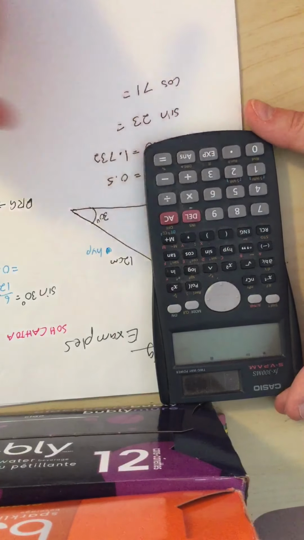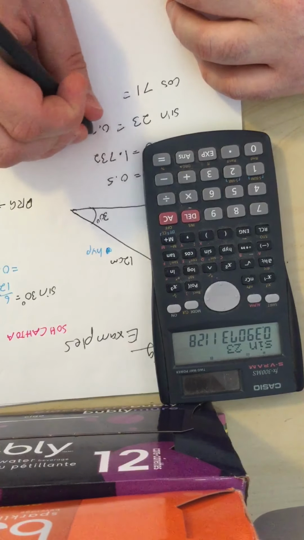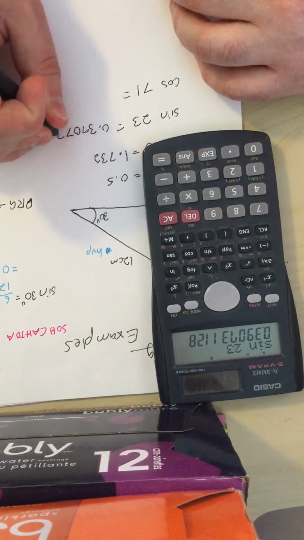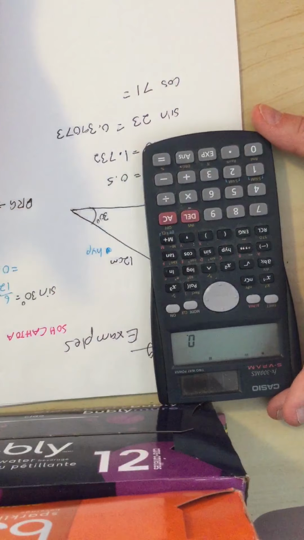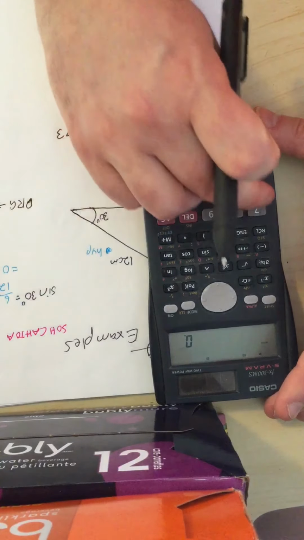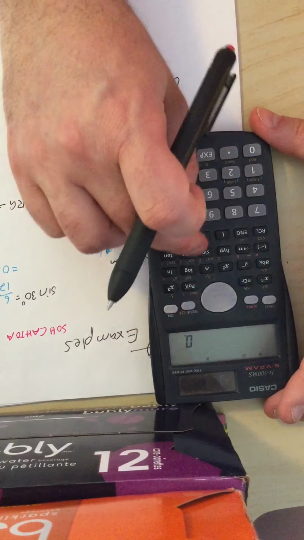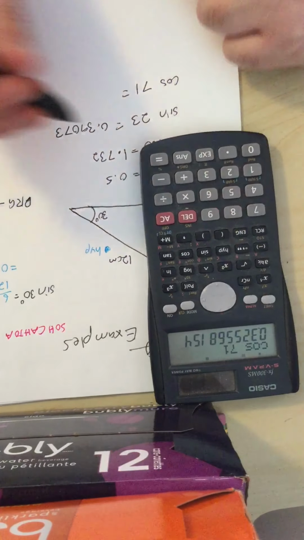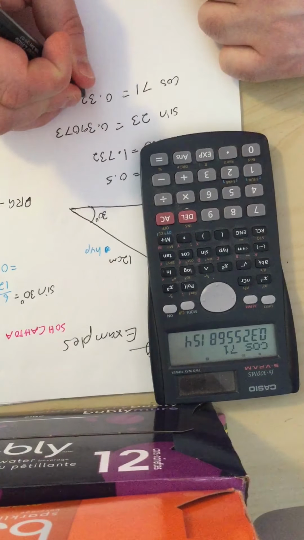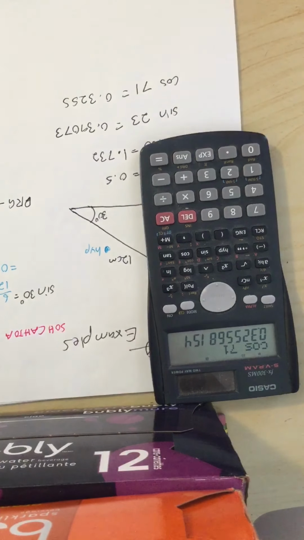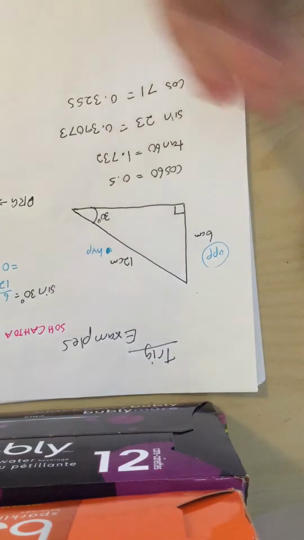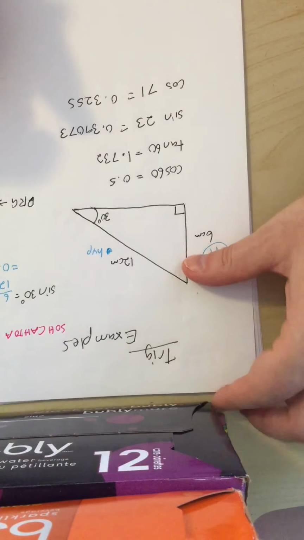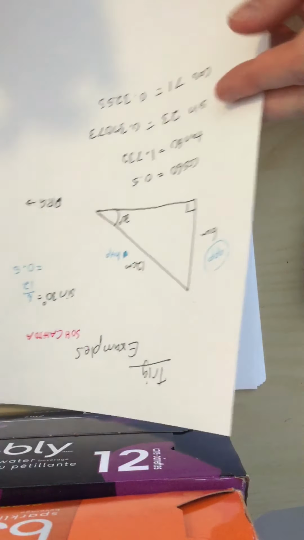Sine of 23 is 0.39073, and so on and so forth. These numbers, I'm not sure if they're irrational, but they definitely go on for a very, very long time. And then cosine of 71 is 0.3255. And there we go. So we have some numbers. They're long, they're crazy. You're definitely not going to be able to do this without a calculator.